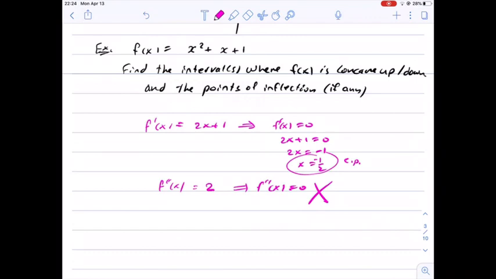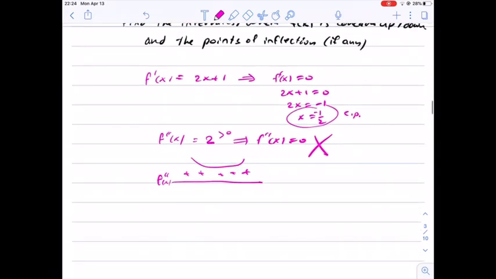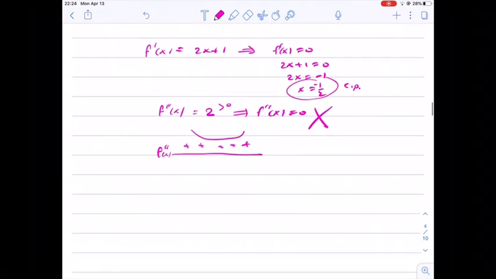We need the 0 of the second derivative of the function, but here we don't have a 0, but the second derivative is always greater than 0 for all points here, so it's concave up all the time. So that means f is concave up on the interval negative infinity to infinity.